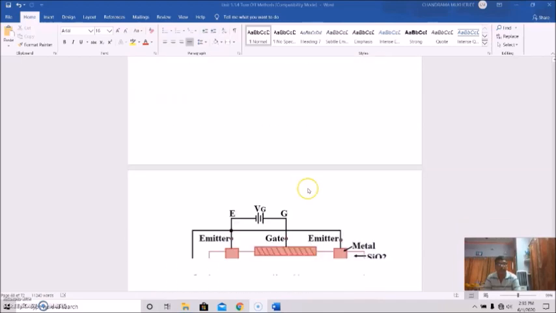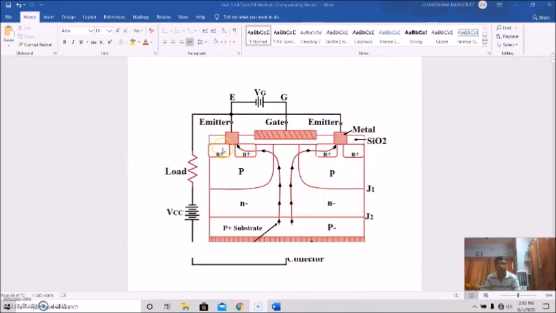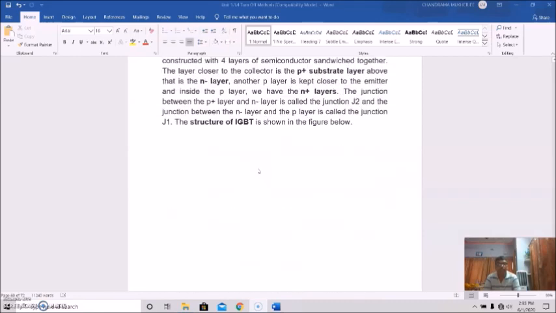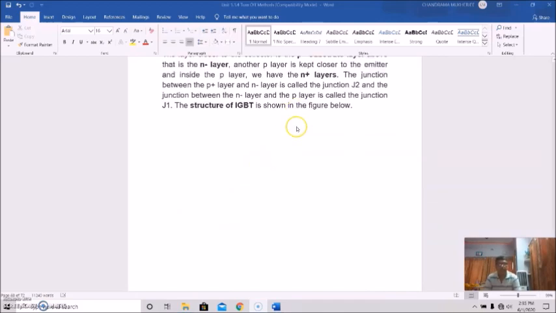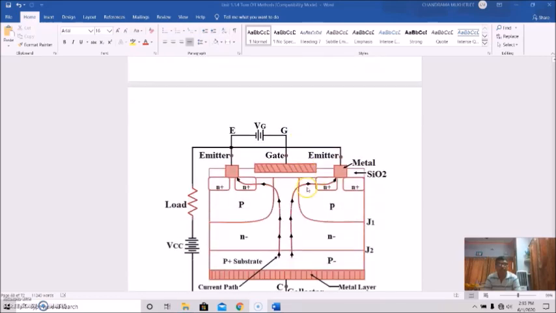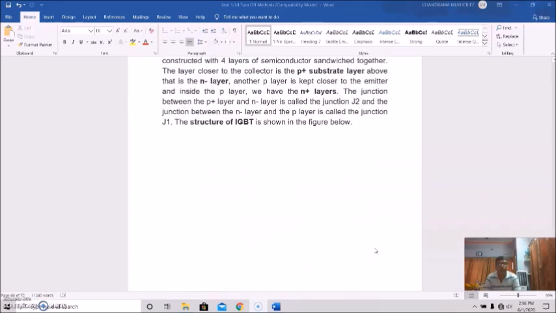See, there it is. The junction between the P plus layer and the N minus layer is called junction J2. And the junction between the N minus layer and the P layer is called junction J1.